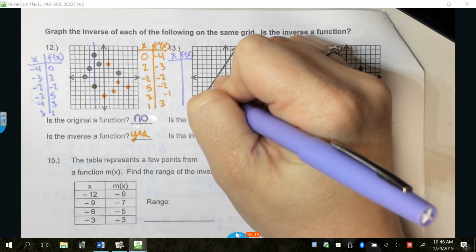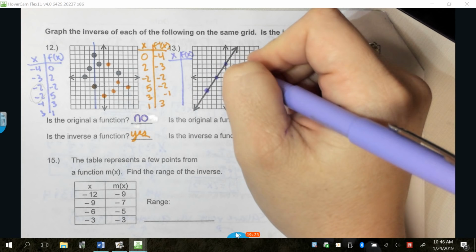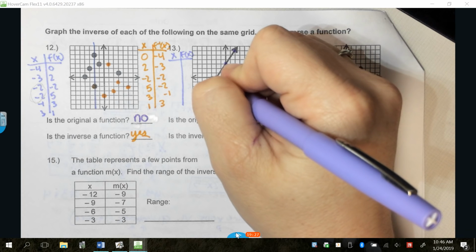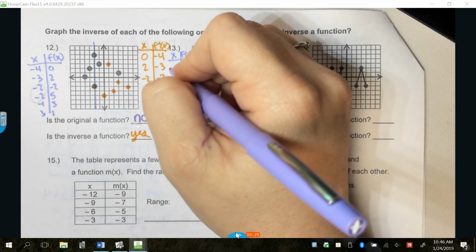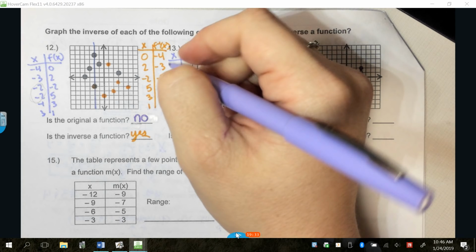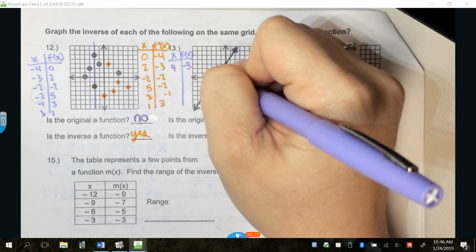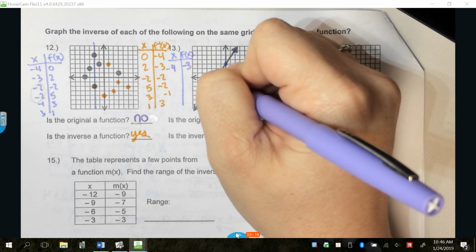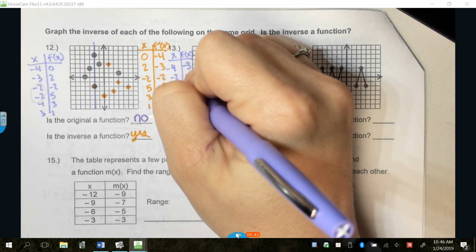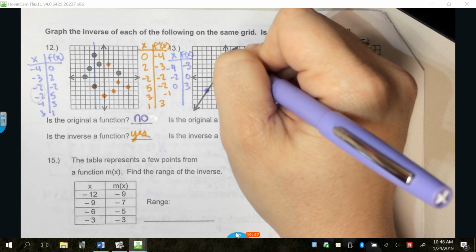So this is negative 4, negative 3. Negative 2, 0. 0, 3. And 2, 6.